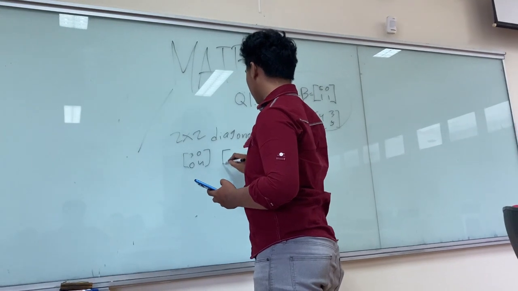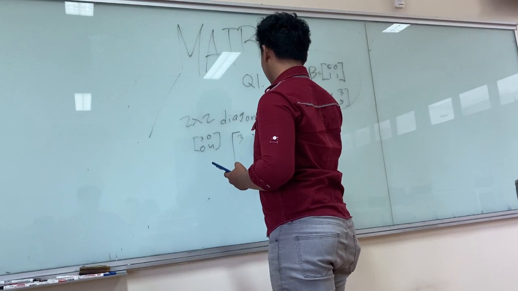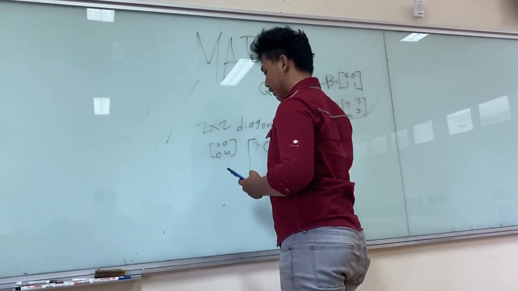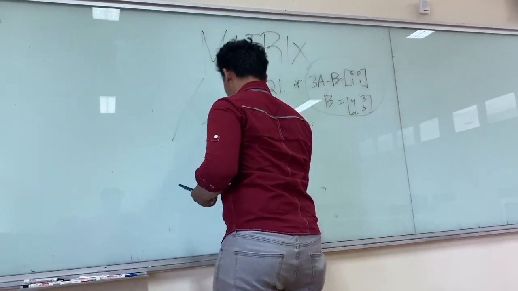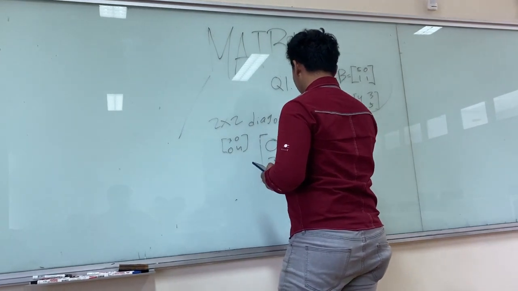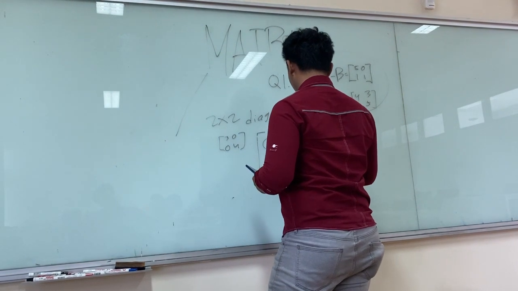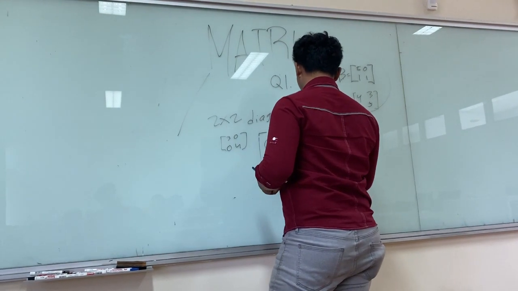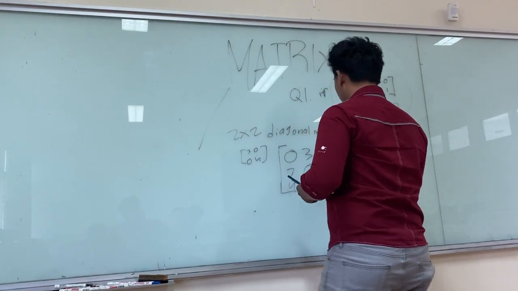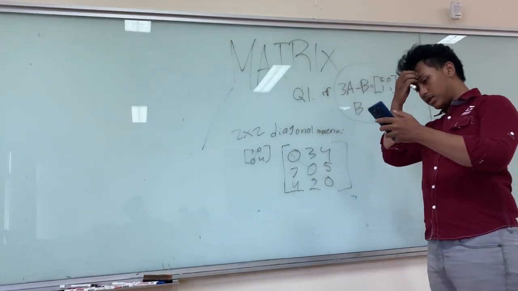It can be like this too, 3, 0, or like this. 0, 3, 4, 3, 0, 5, 4, 0, 4, 2, 0, and so on. It must be diagonal, like this or like this. So it must be diagonal.